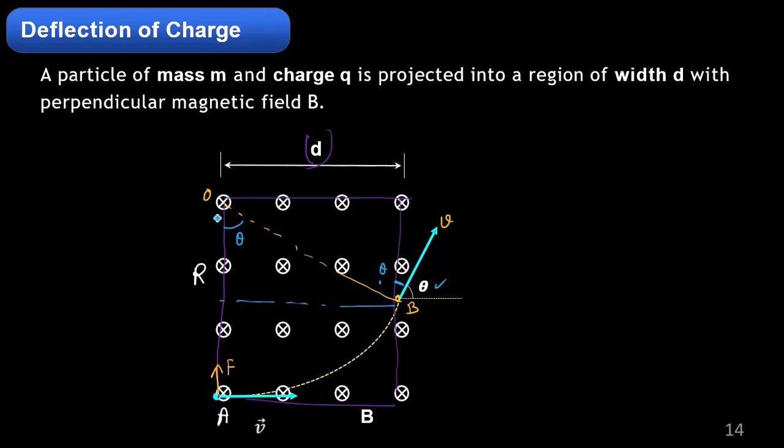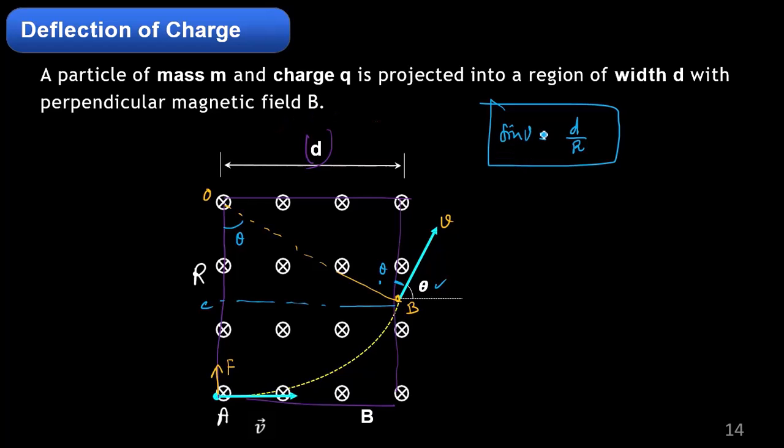Okay. So for this triangle, the OBC triangle, can I say sin theta should be equal to d divided by R? Okay. So that will be the expression for theta.